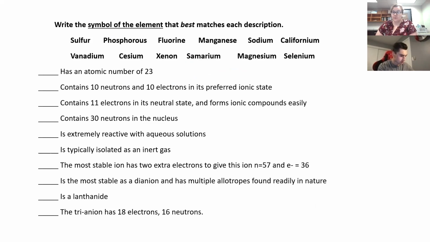So just to give us some practice, let's try matching each of these to their description using the periodic table. Okay, let me pull it up again. Atomic number 23.